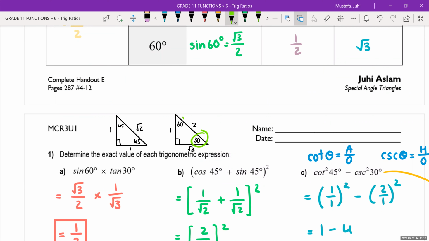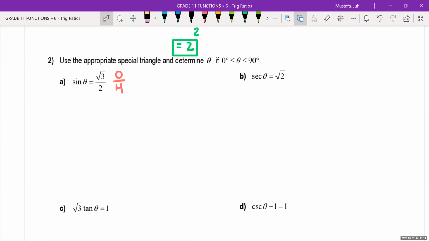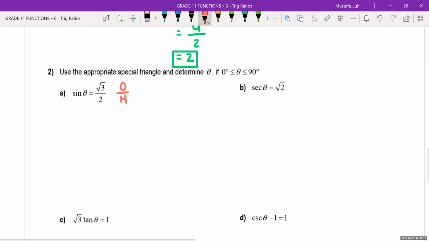It doesn't work out. For 60 degrees, sine is √3 over 2. So that's all you need to do. So that means theta is just going to be 60 degrees.